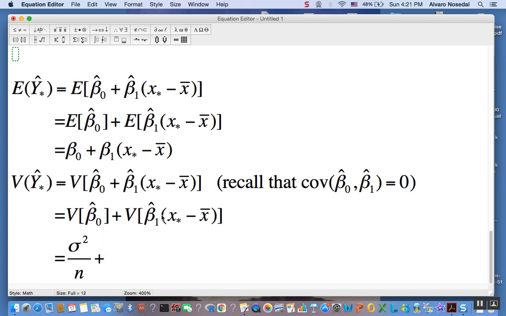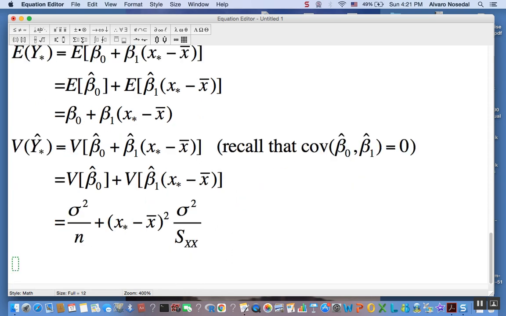So let me just factor this guy out and square it, and then multiply by the variance of beta 1 hat, which is sigma square divided by SXX. Okay, great.